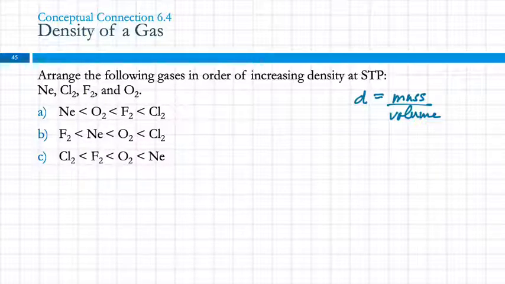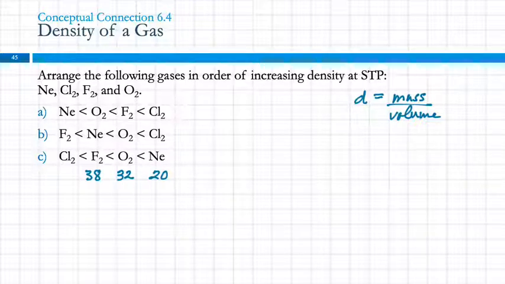There's not much space up here, so I'm just going to do it down here. So neon's easy, right? It's 20. And oxygen is 2 times 16, 32. And fluorine is 2 times 19, 38.